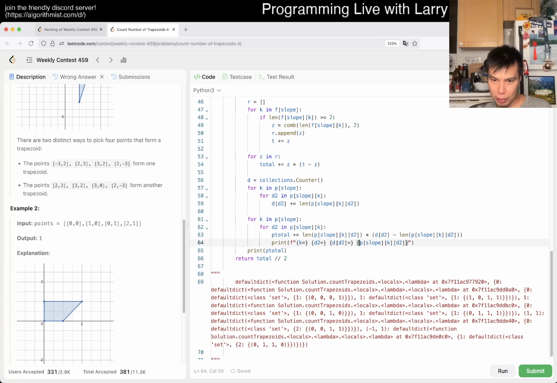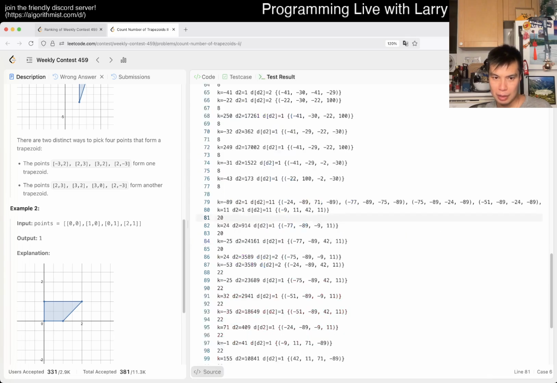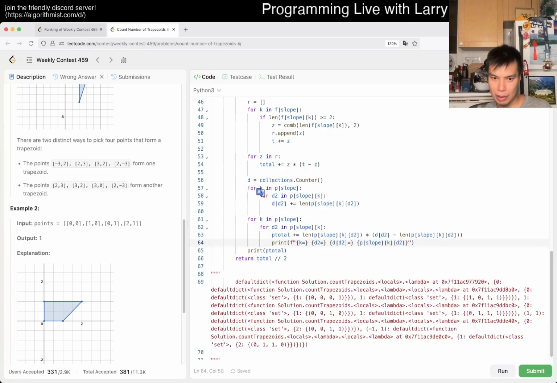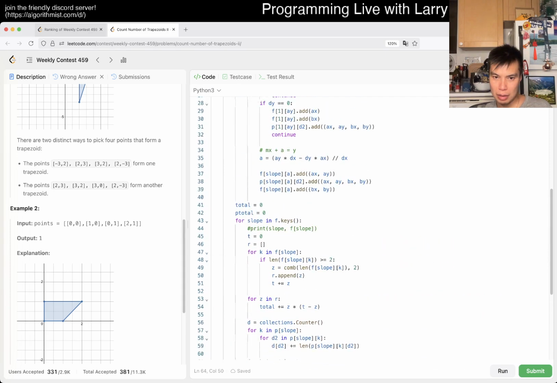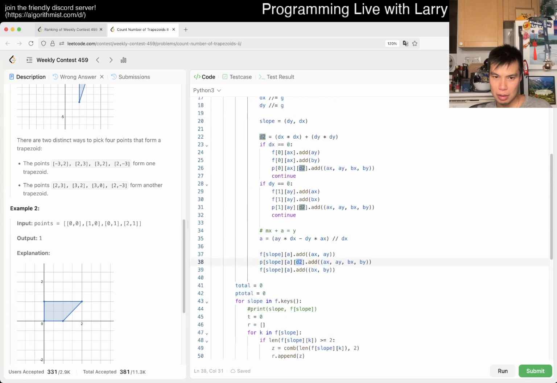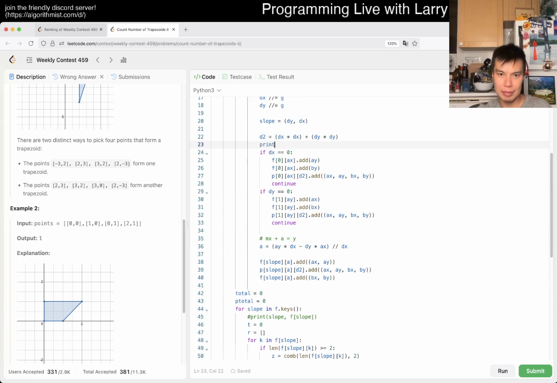Slope is right. Is slope right? Slope should be right. K is the intercept. Okay. K is the intercept. Okay. D2 is 1. Why is D2 1? Tell me why. This is going to be annoying.